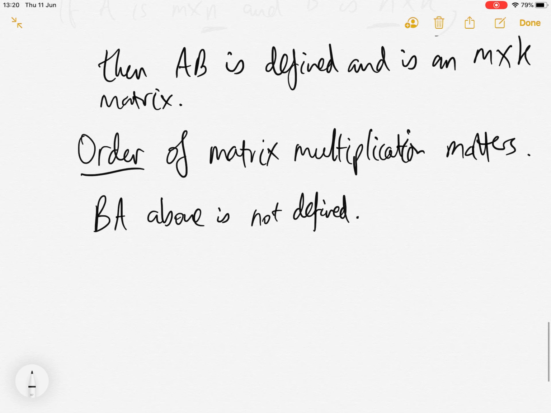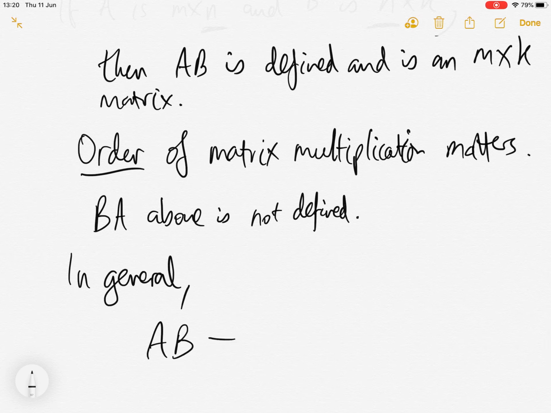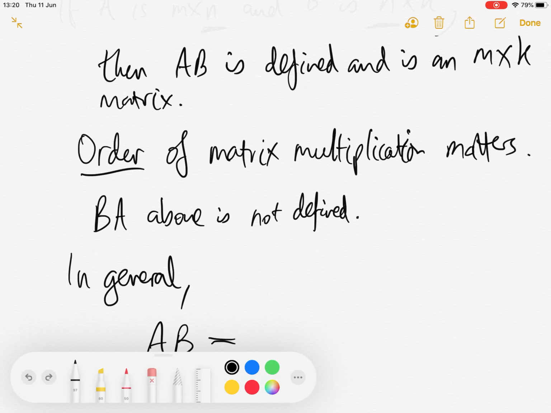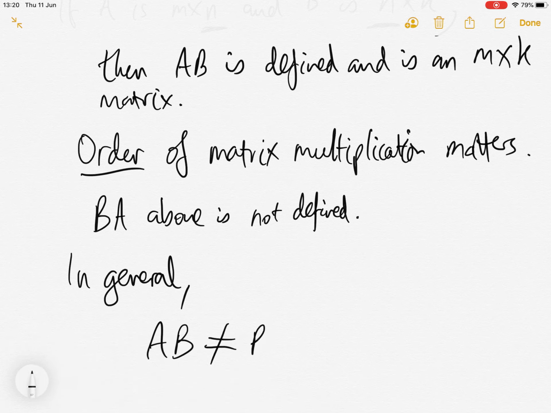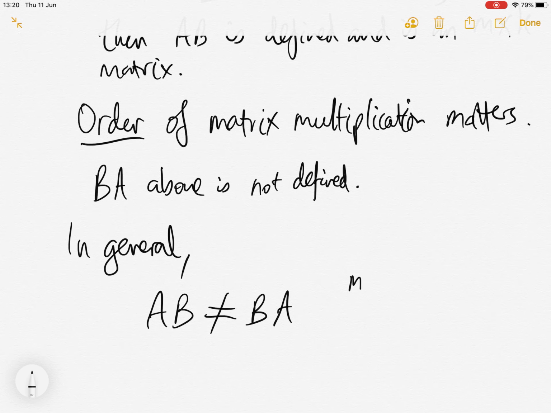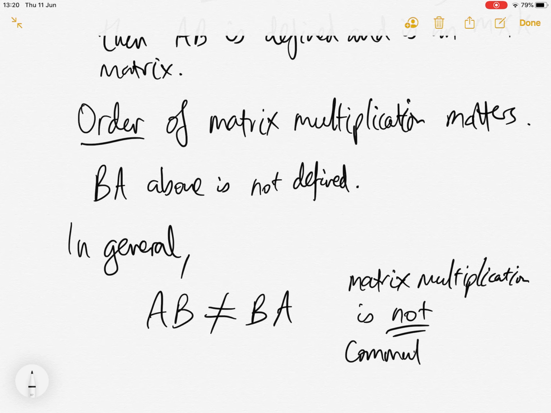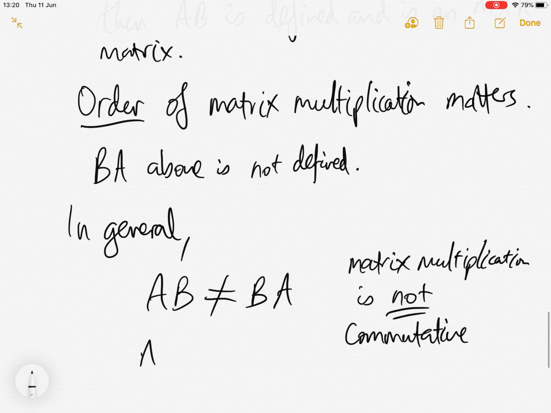So in general, AB is not equal to BA for matrices. Another way of saying this is to say that matrix multiplication is not commutative. Commutative just means we can commute the matrices.